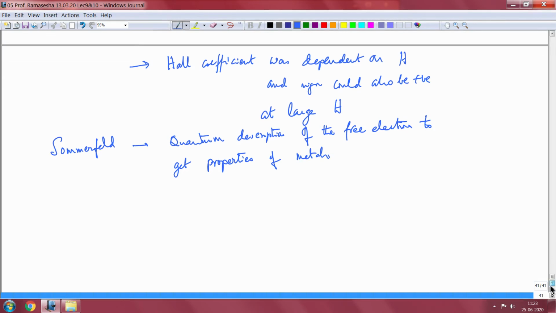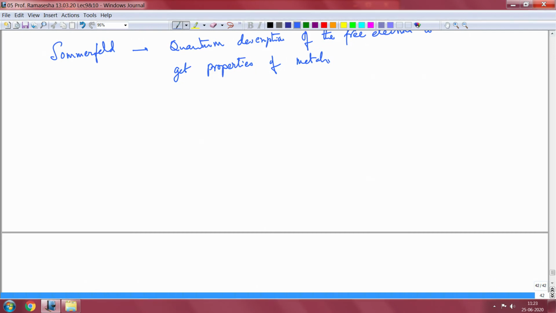So when we talk about free electrons, the Hamiltonian of the free electrons is the following.